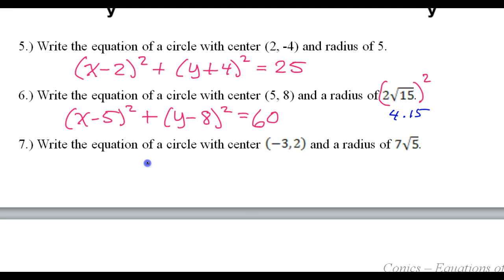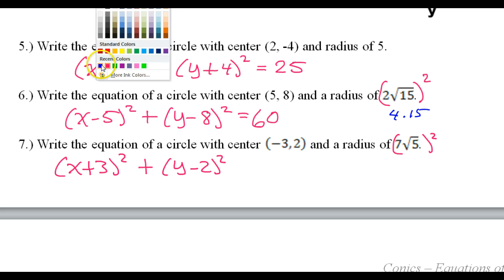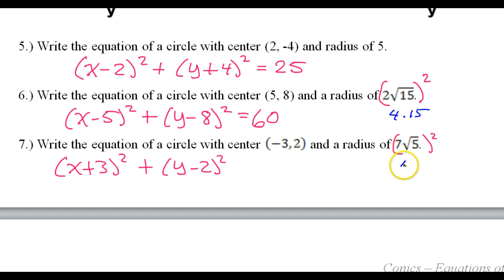So, number 7. So I'm going to have (x + 3)² + (y - 2)². Again, so far I'm doing the opposite signs right here. And again, right here I could square this if I wanted to do it by hand. 7 squared is 49. Radical 5 squared is 5. Now, I'm not sure what that is off the top of my head.